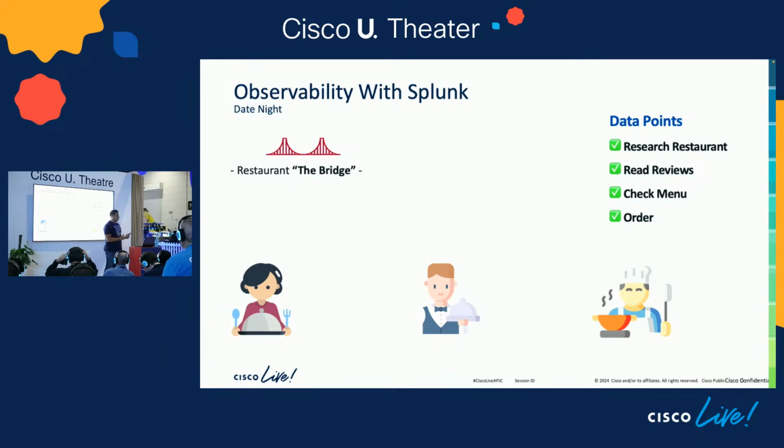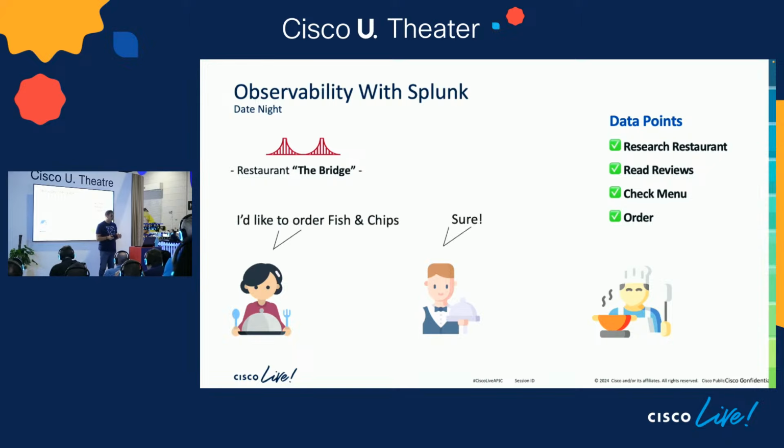Maybe see if there are reservations. Check the menu for any allergies that your family or yourself might have, and then get to the restaurant and potentially order. All of these are data points that we do naturally in our day-to-day to make a decision, right? And so think of that when it comes to our infrastructure.